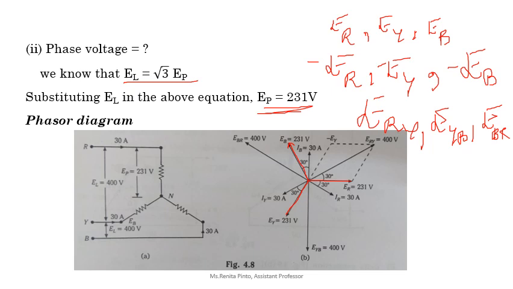So I have drawn it accordingly. ER, EY, EB all 120 degree displaced from each other. Your next step is drawing the negative of it. So minus ER, minus EY, minus EB. So ER is here. So minus ER will come somewhere here, exactly opposite to it.